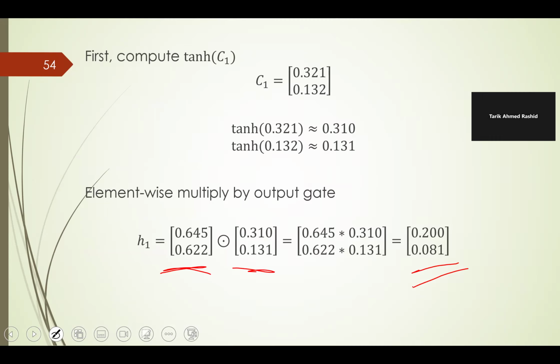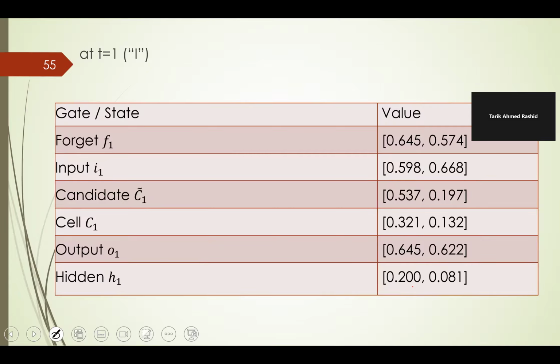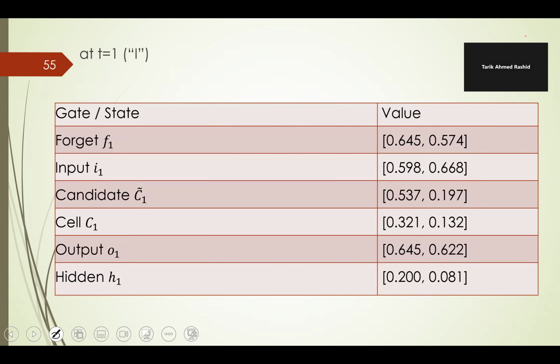H1 will be important for the next input, which is the word like. So that is the first part of the practical part. At time one, we entered I to the network.